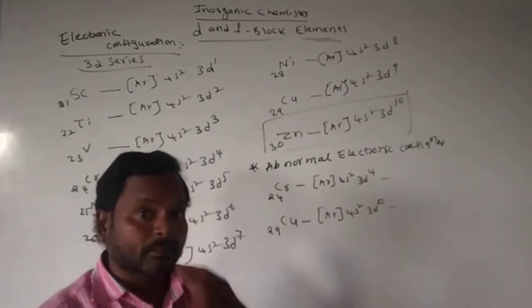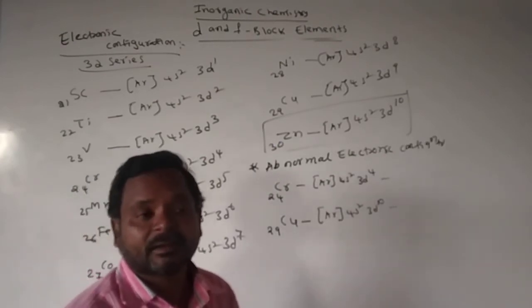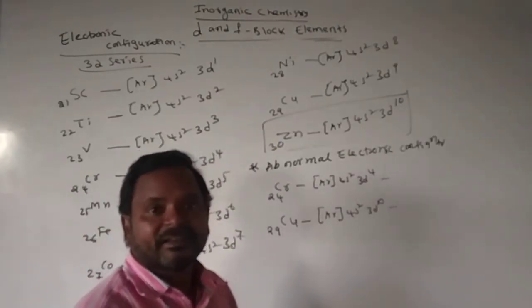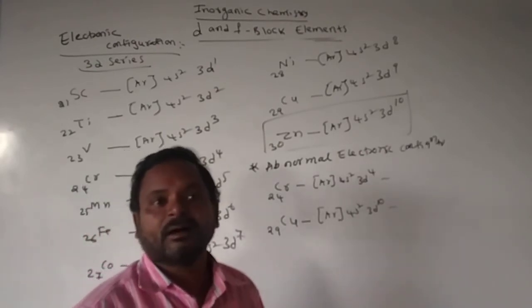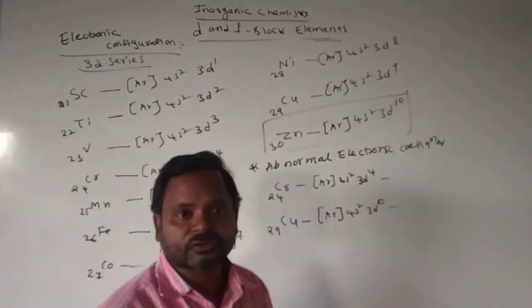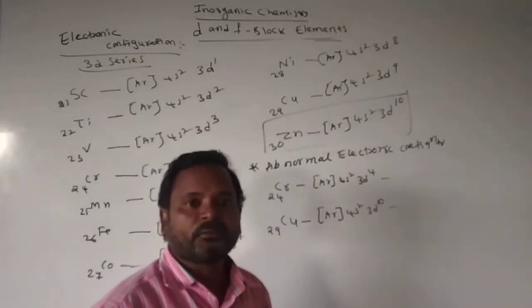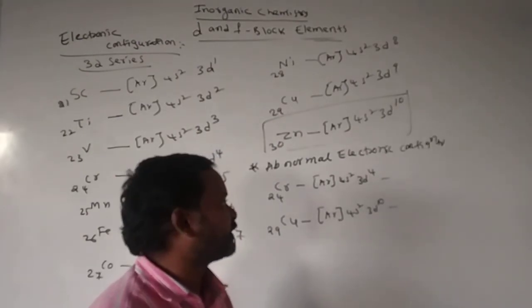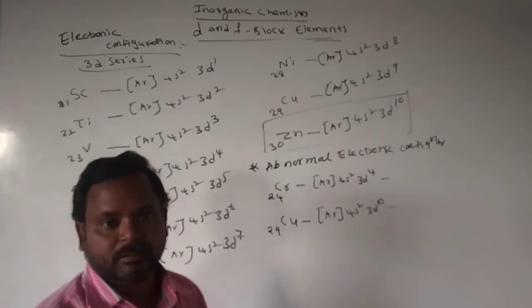According to chemistry, an element is stable when it has a symmetrical arrangement, like 8 electrons in the outermost shell, or a half-filled or completely filled electronic configuration.